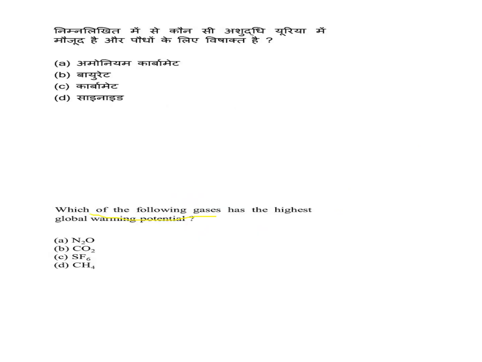Which of the following gases has the highest global warming potential? The answer is SF6. What is global warming potential? It measures how much energy the emissions of 1 ton of a gas will absorb over a given period, usually 100 years, relative to 1 ton of CO2.